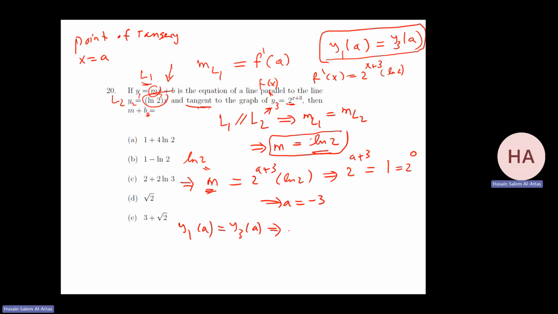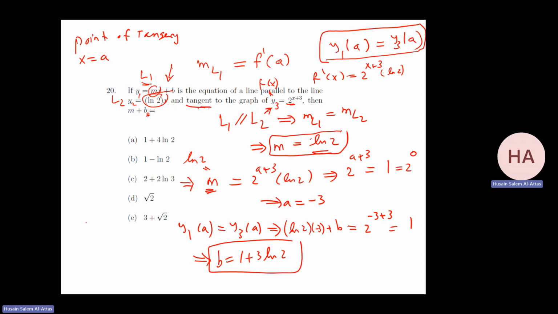So I have ln2 times A plus B equal 2 to the power minus 3 plus 3, which is 2 to the power 0, which is 1. So what is B? A, we know it. A is minus 3. So B will be 1 plus 3 ln2. So this is B, this is M. What do I need? I need M plus B. ln 2 plus this, so I have 1 plus 4 ln 2, which is this.